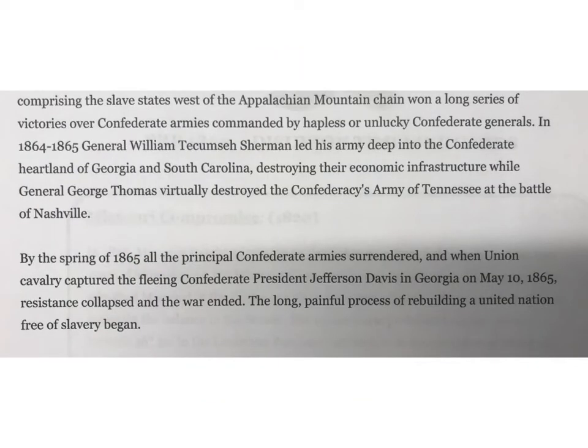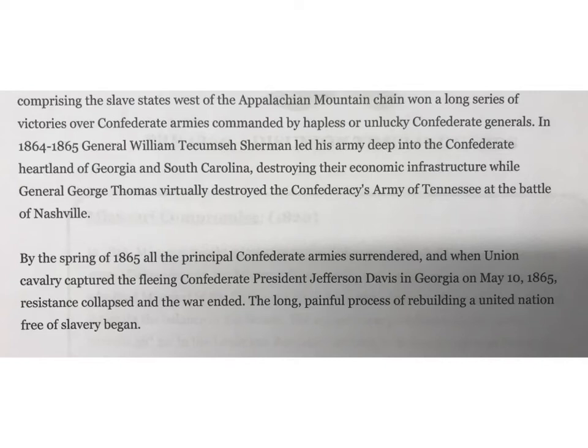So continuing on with the reading, it starts actually at the bottom of the second page, but I have the third page up on the slide. But it starts with, in the meantime, Union armies and river fleets in the theater of war, comprising the slave states west of the Appalachian Mountain chain, won a long series of victories over Confederate armies commanded by hapless or unlucky Confederate generals.